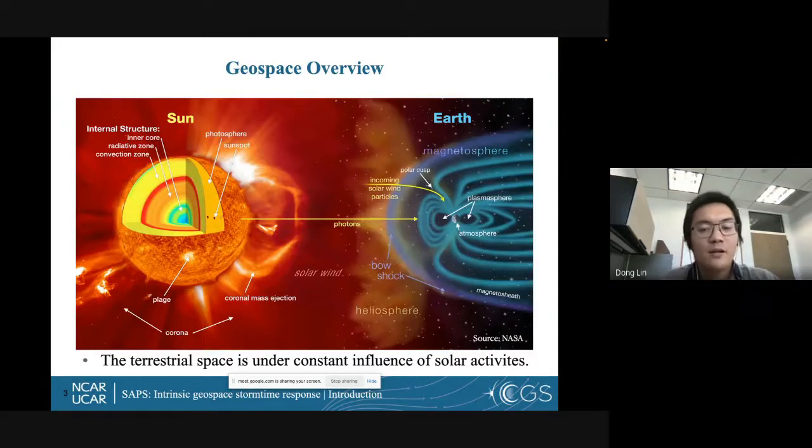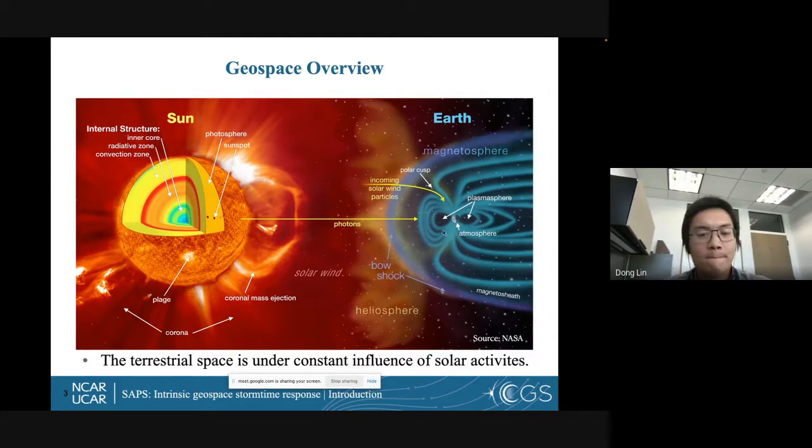Okay, so let's start with an overview of the geospace in the heliosphere. As we know, the geospace is actually under the influence of solar activities all the time, including solar flares, coronal mass ejections, and the energetic particles.